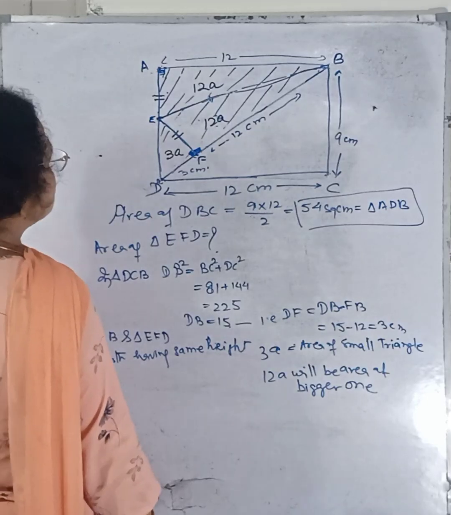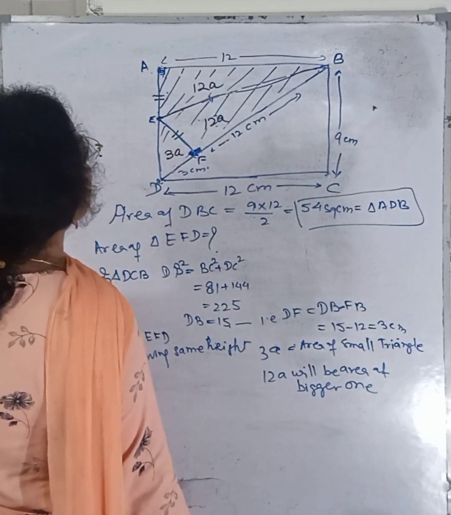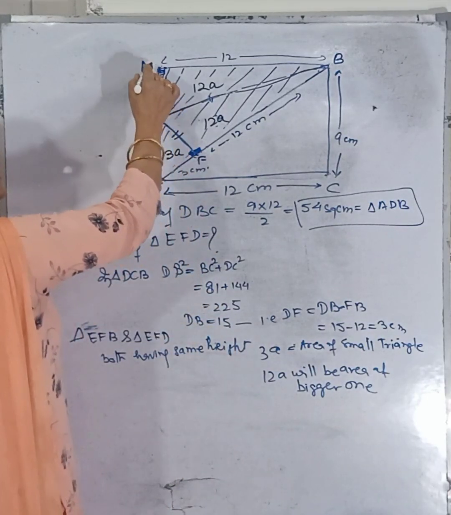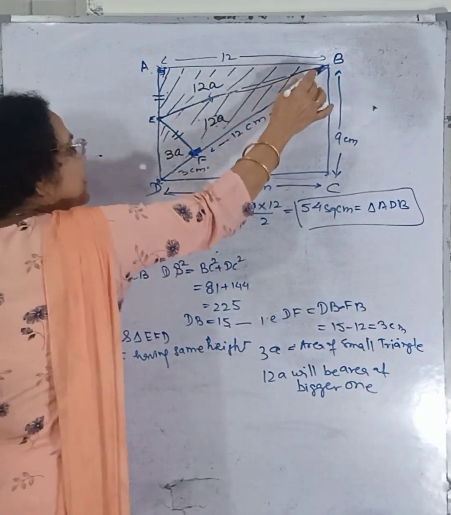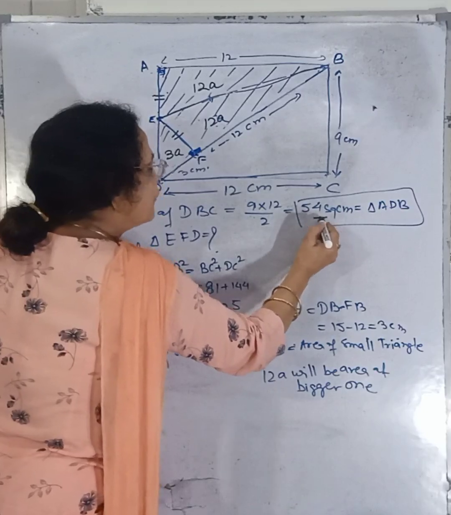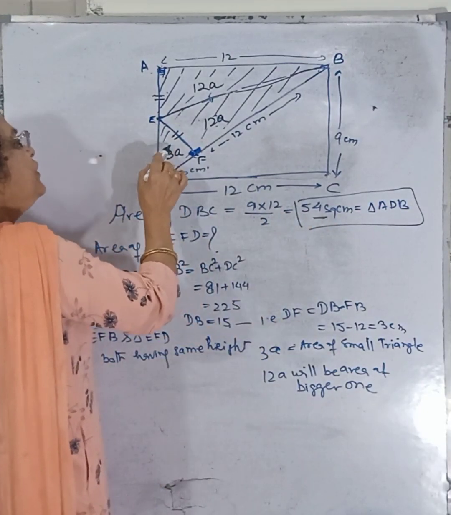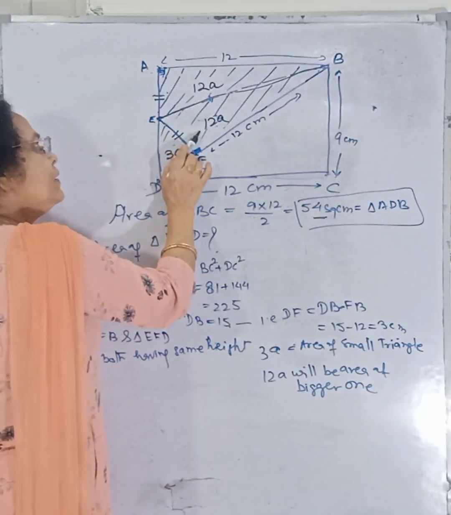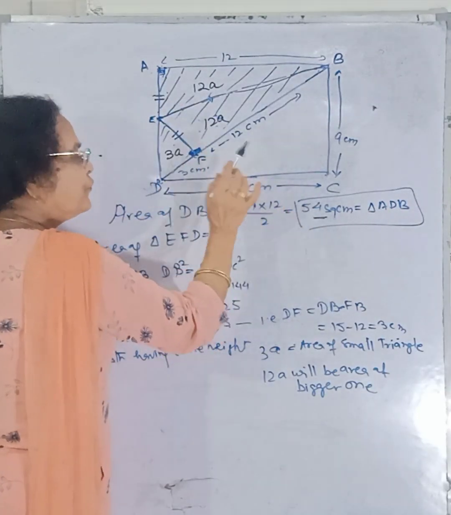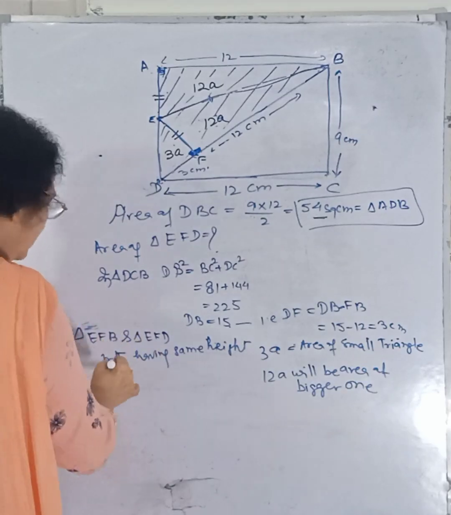It means the total area ADB, which is equal to 54, will be the addition of all three: 3A plus 12A plus 12A is equal to 54.